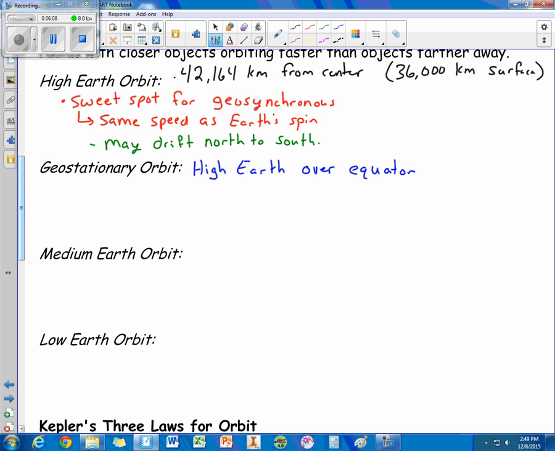What's nice about this is that it does not drift, so it stays at the same point relative to the ground.